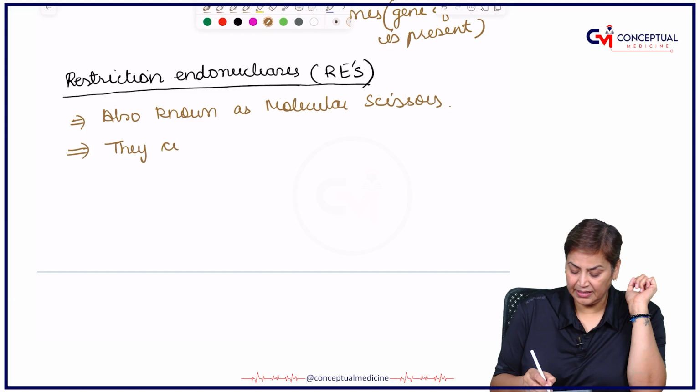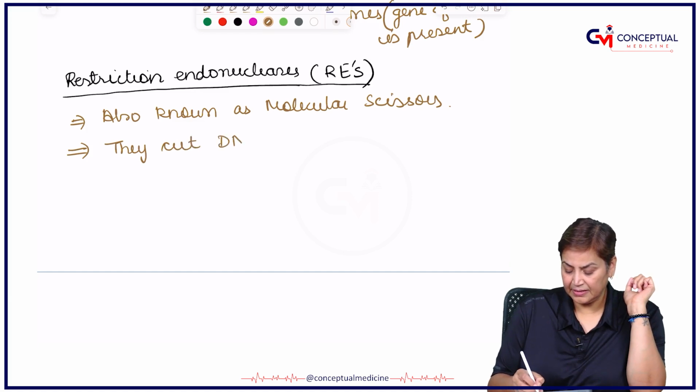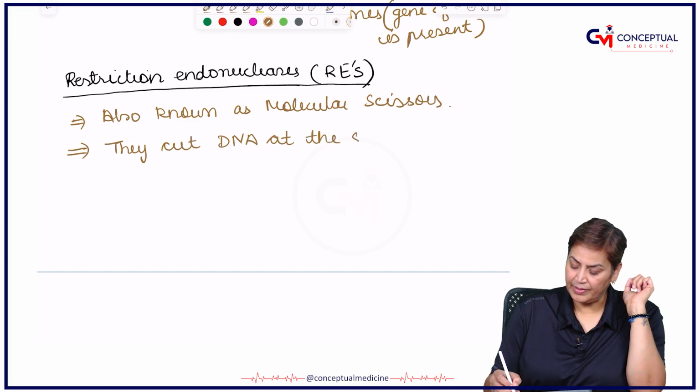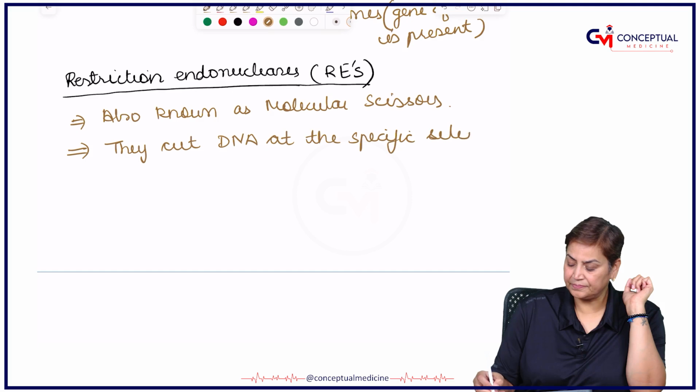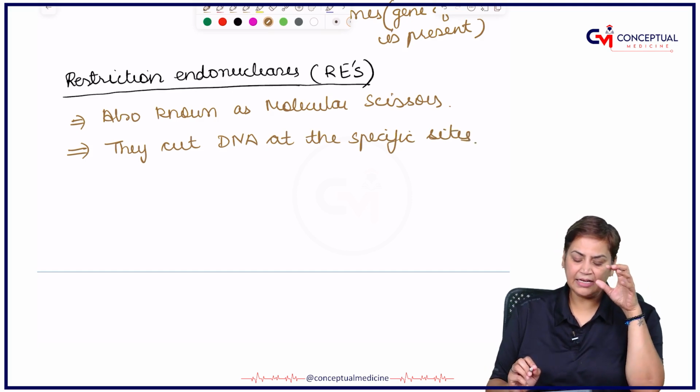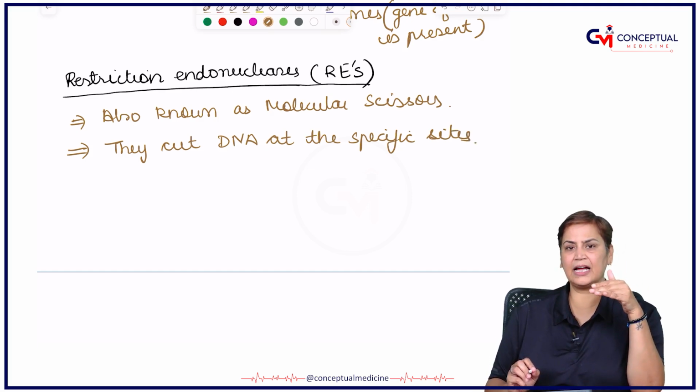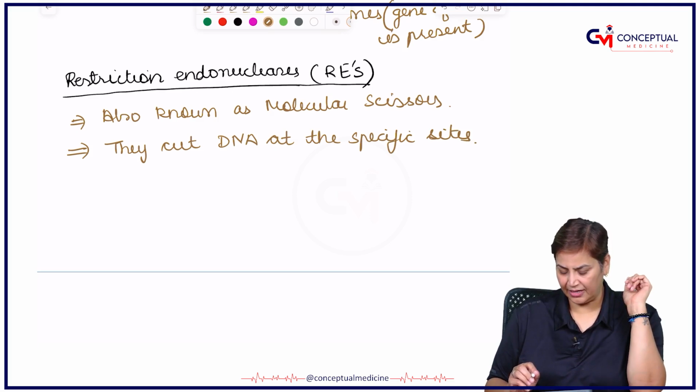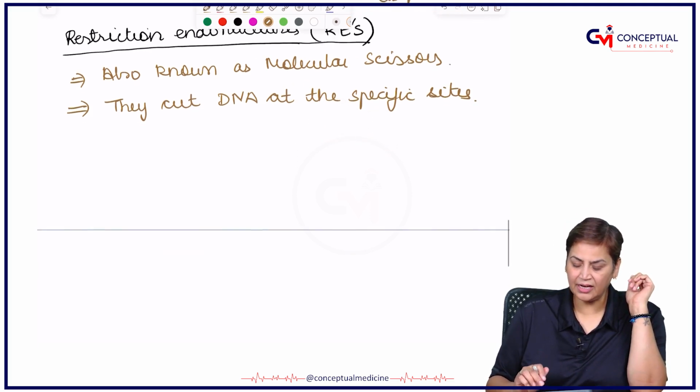They cut DNA at the specific sites. Okay. And there is a kind of nomenclature for these REs. And what is that nomenclature?